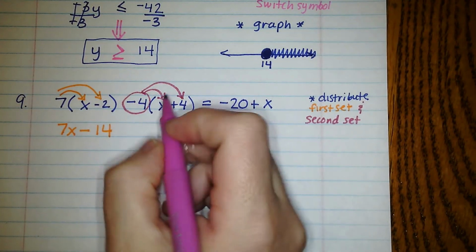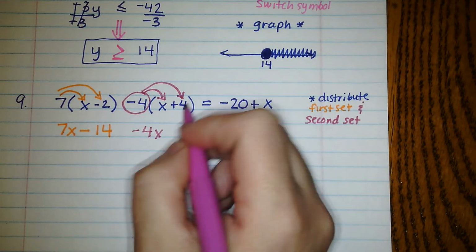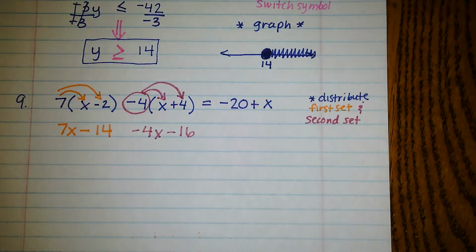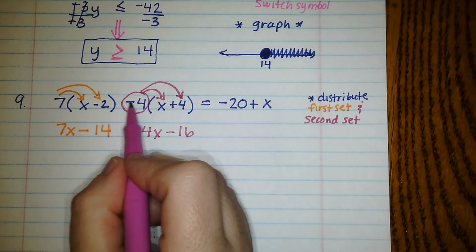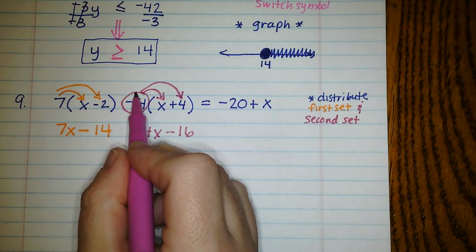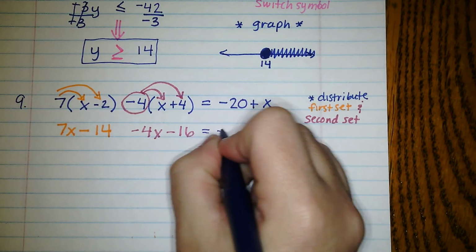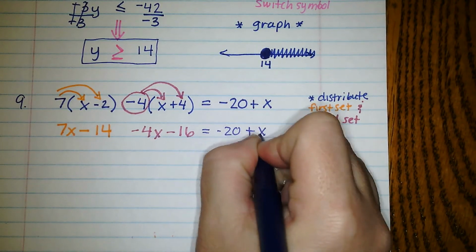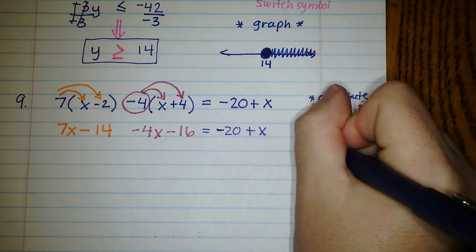So negative 4 times x is negative 4x, and negative 4 times 4 is negative 16. So the key thing here is don't forget that minus sign, because this is a negative 4, and that's what you're distributing. And then, of course, you're just going to bring the rest of the problem down. Now, there's like terms all over the place here. So we need to combine like terms.